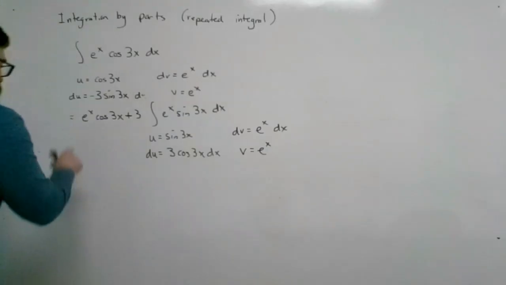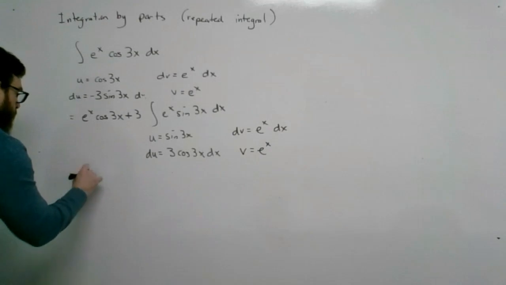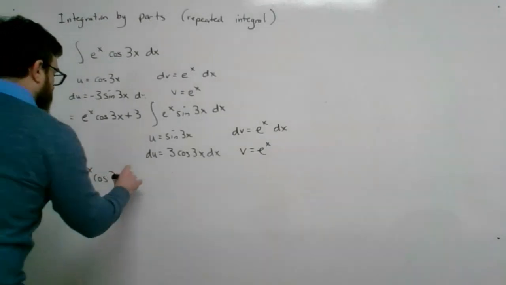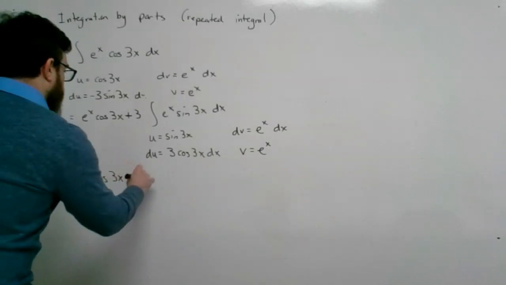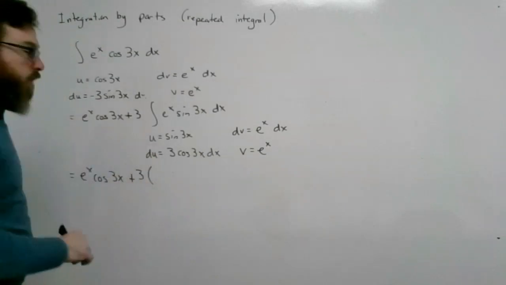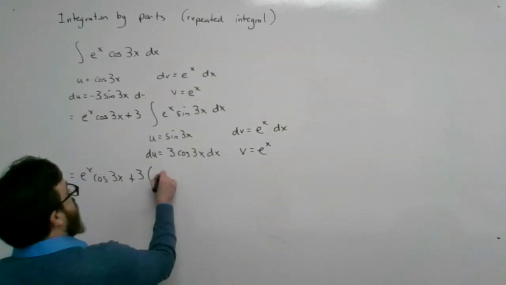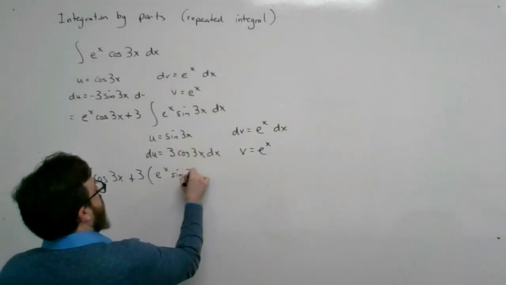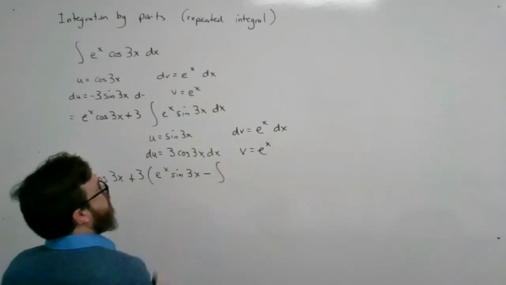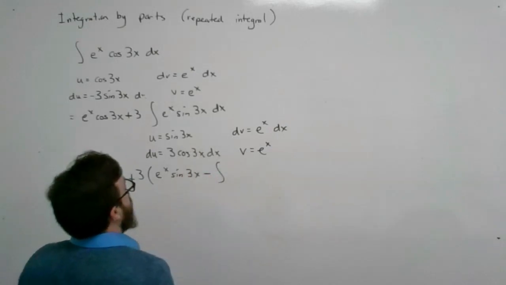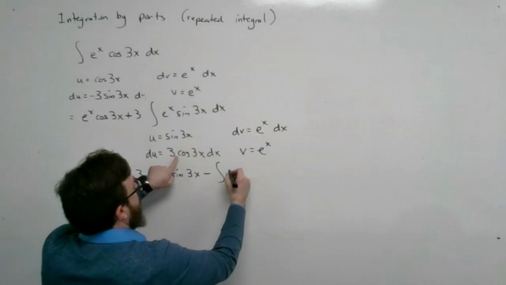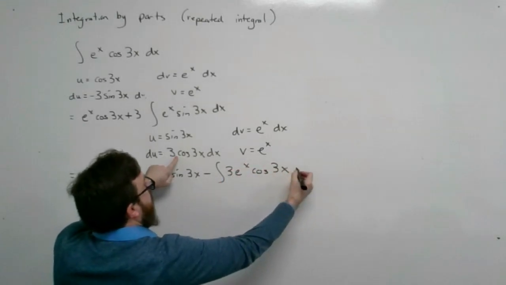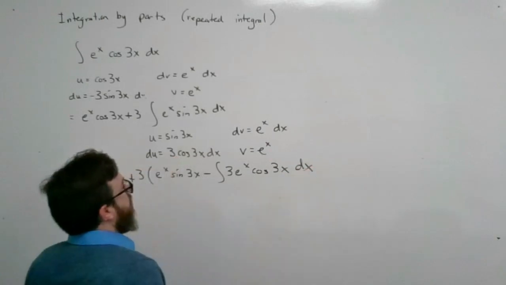And then by running through this again, don't forget my first piece, e to the x cosine of 3x, plus 3 times your by parts. So u times v, so e to the x sine 3x, minus the integral of v du. So I'm going to put that e there again. So 3 e to the x cosine 3x dx.